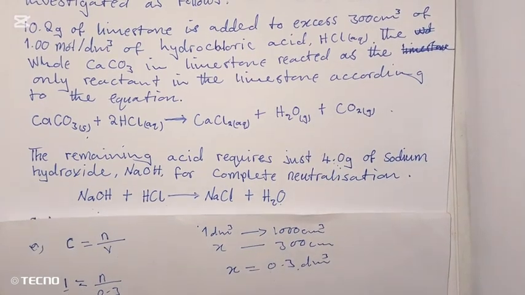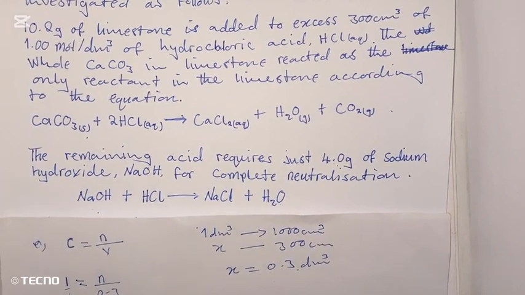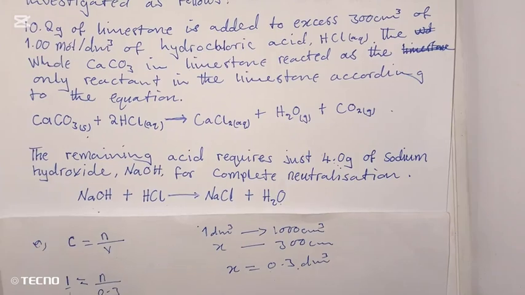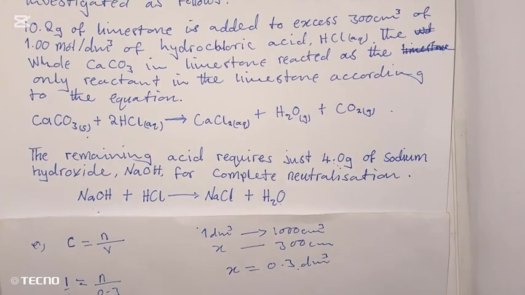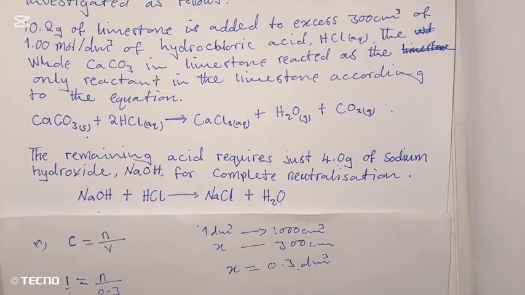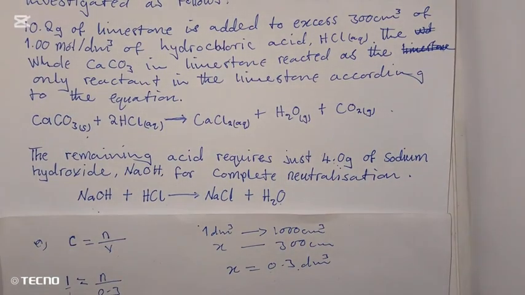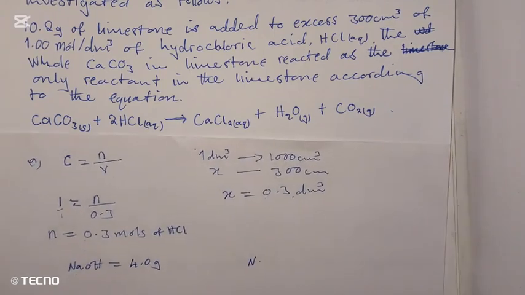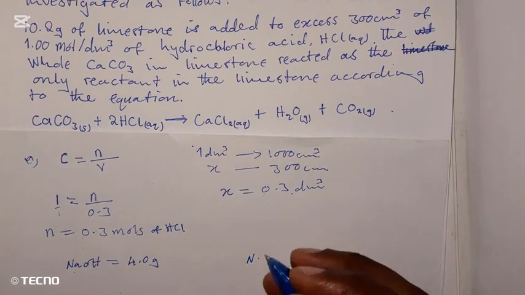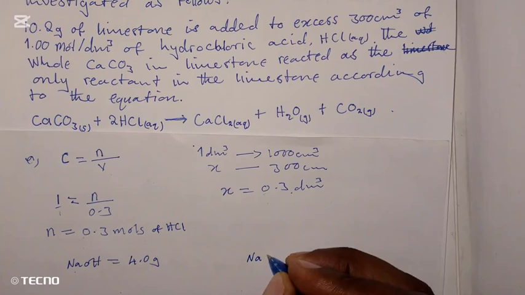So we say sodium hydroxide, its mass is equal to 4.0 gram. Then let's calculate the molar mass of sodium hydroxide. So molar mass of sodium hydroxide, we know. Okay, so we have this molar mass of sodium hydroxide.